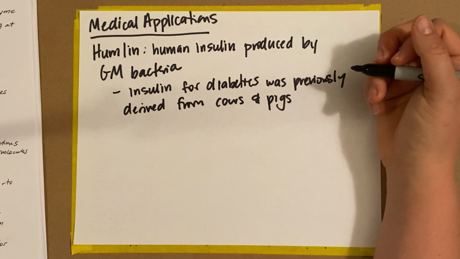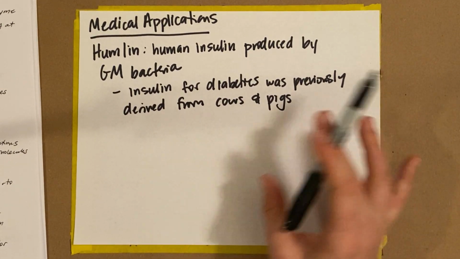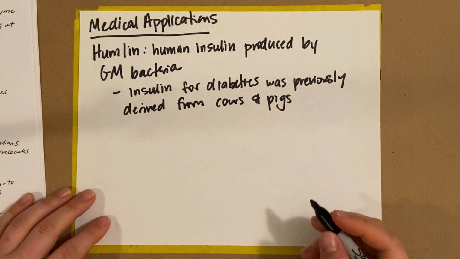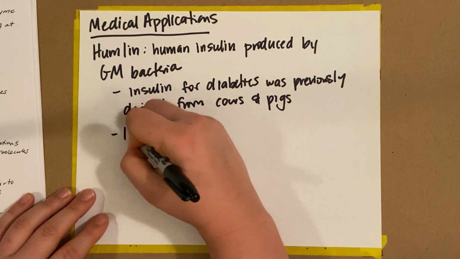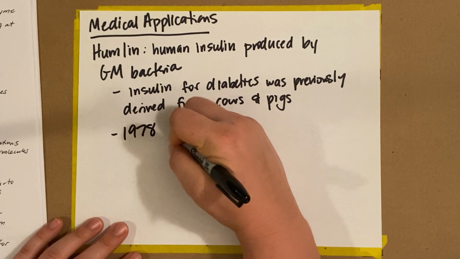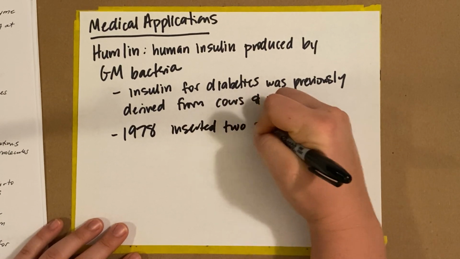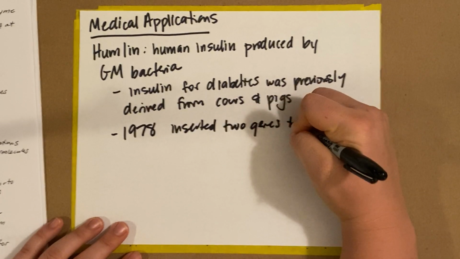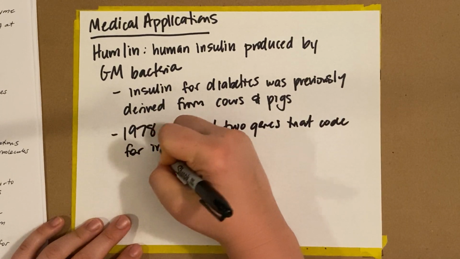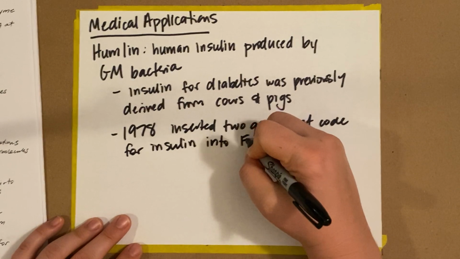There are lots of problems with that because they are not humans. There are some compatibility issues, so that was not ideal. But then in 1978, scientists inserted the two genes that code for insulin into E. coli.